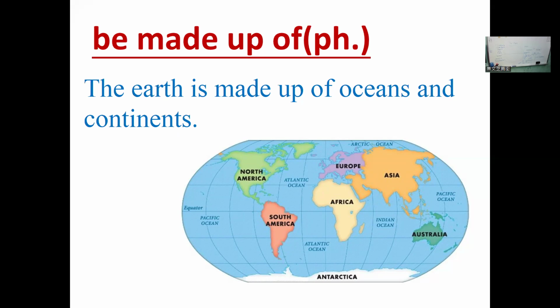So a wooden chair is made up of wood. So for the earth, we need to have oceans and the continents. If no oceans and no continents, no earth. Okay, number 2. Made of. Do you understand? Yes.